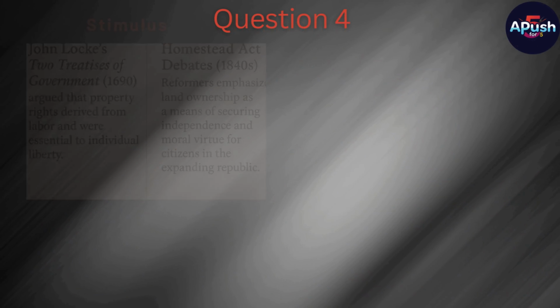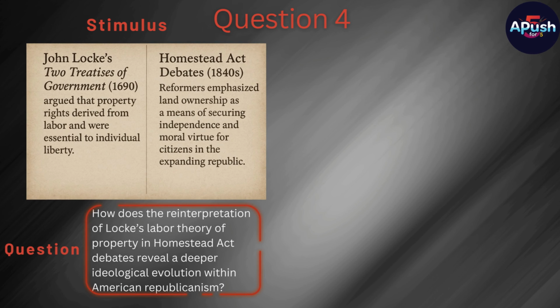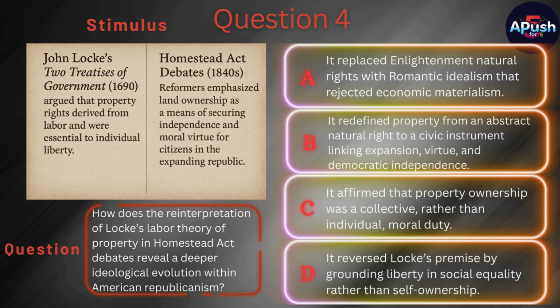Question 4. Stimulus. See image. Question. How does the reinterpretation of Locke's labor theory of property in Homestead Act debates reveal a deeper ideological evolution within American republicanism? A. It replaced Enlightenment natural rights with romantic idealism that rejected economic materialism.